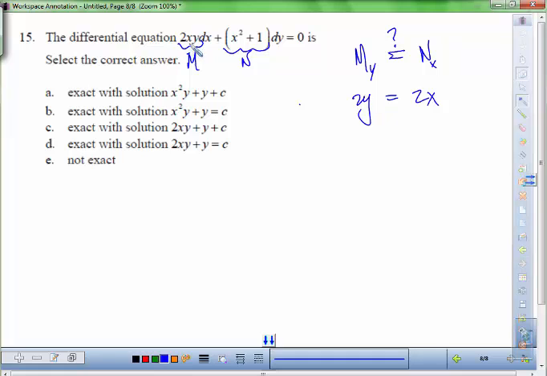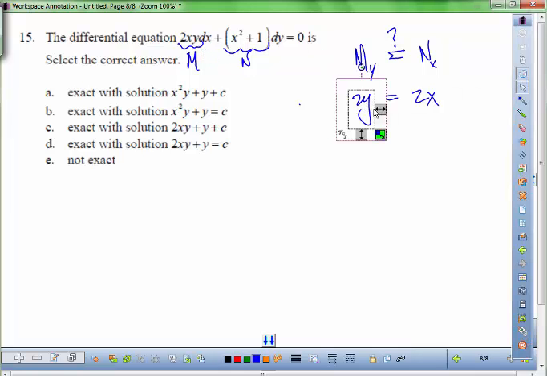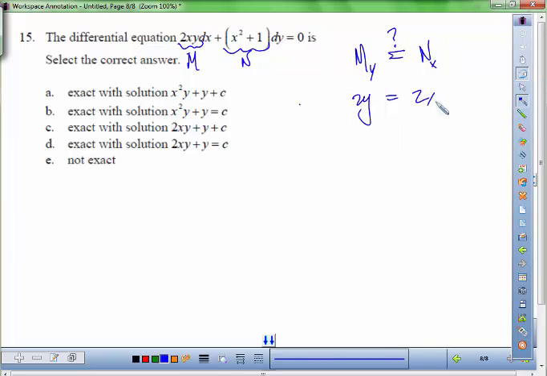What's the derivative of this with respect to y? 2x. Who said 2y? Somebody said 2y. So the derivative of M with respect to y, the variable is y, 2x is a constant, so that's just 2x. So yes, this is exact.